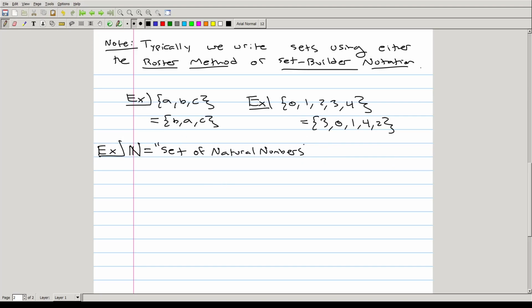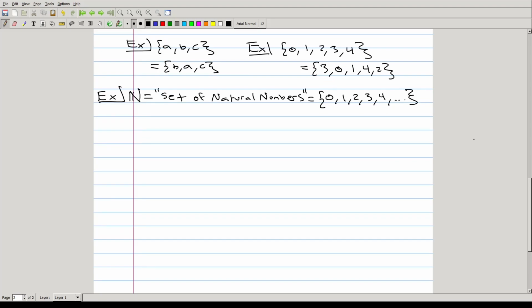And by the end of this lecture, we will actually end up officially constructing this set using formal logic. And this is the set of natural numbers starting at 0. It's 0, 1, 2, 3, 4, all the way up to as high as you want to go and more.